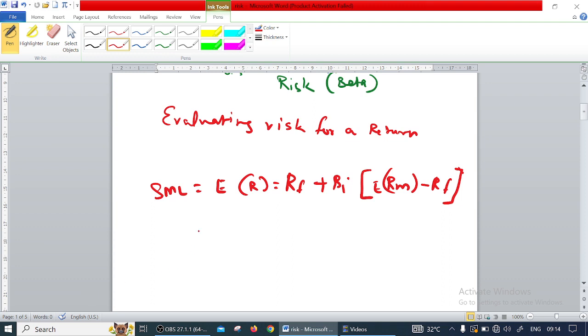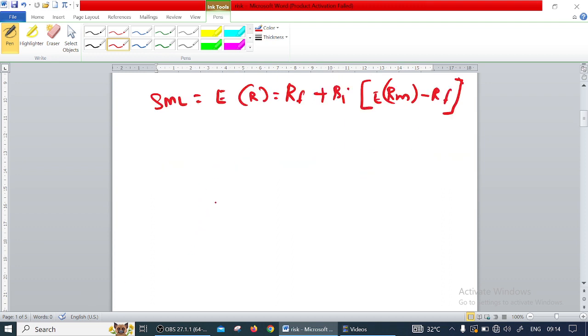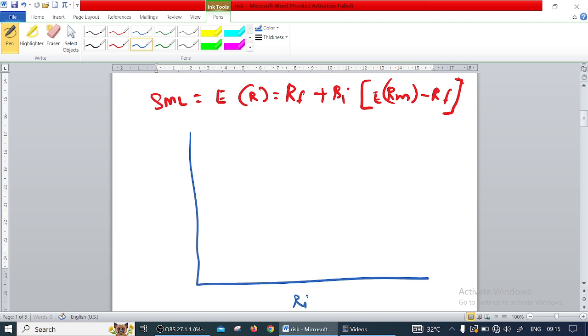Again, I am explaining the diagram. Previously we explained with the CAPM diagram. So this is the security market line. This is the risk, the systematic risk. This is the risk-free rate.